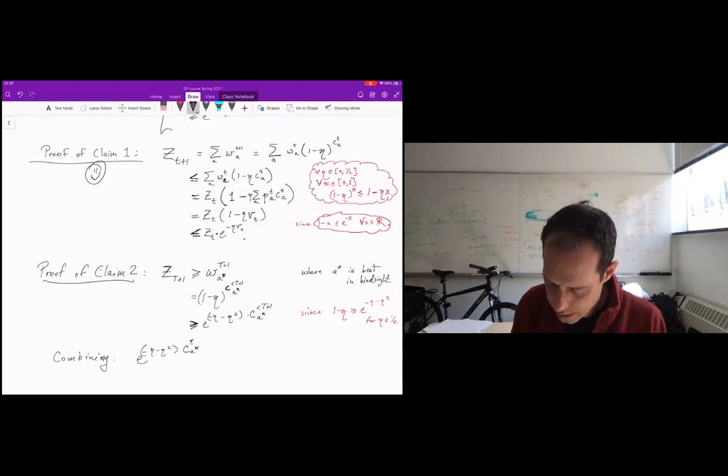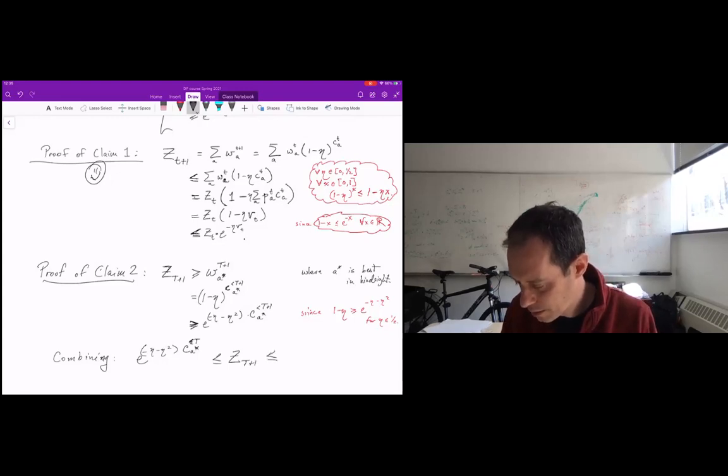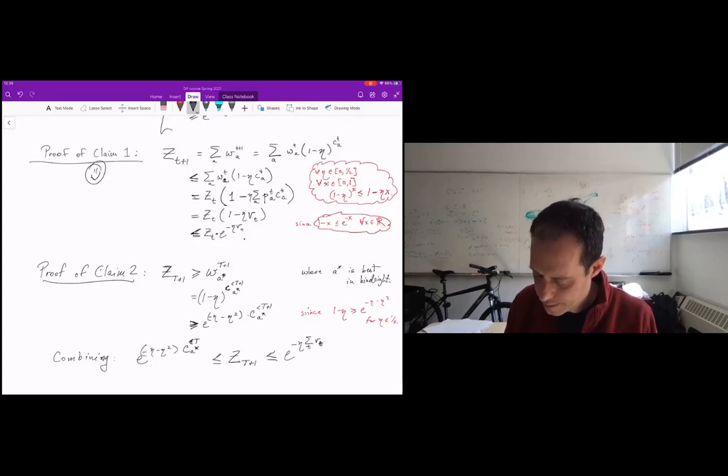And on the other hand, we know it is at most e to the minus eta times the sum of the V_t's, the expected costs actually experienced by the learner.